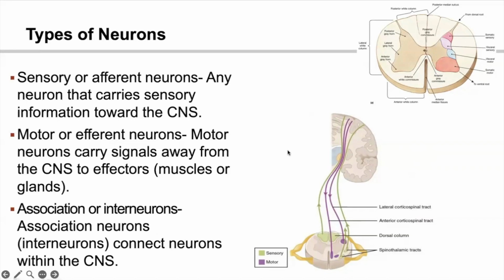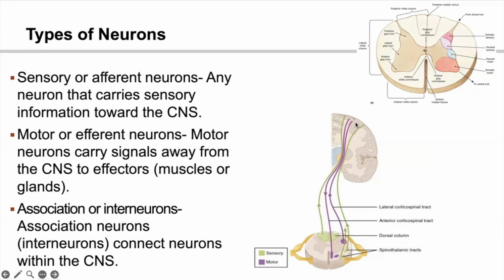Any neurons that carry sensory information, that is, taking in information from the receptors of your skin, maybe from different visceral organs, any sensory neuron which senses the information and takes it to the brain is known as a sensory or afferent neuron. Okay, so it is any neuron that carries sensory information towards the CNS. So when it says CNS, it can be spinal cord or it can be brain.